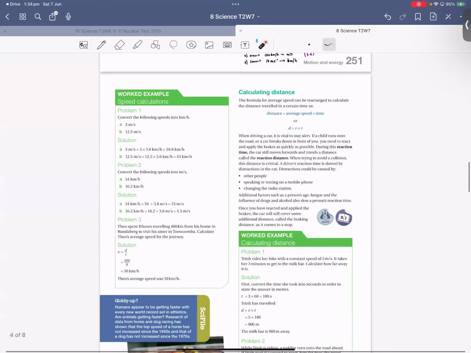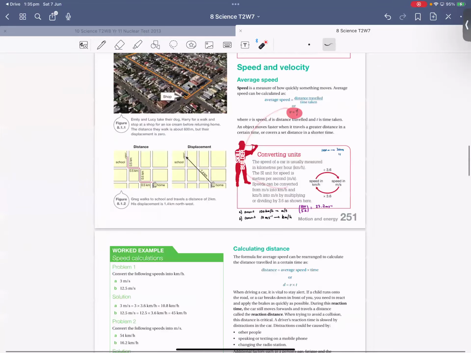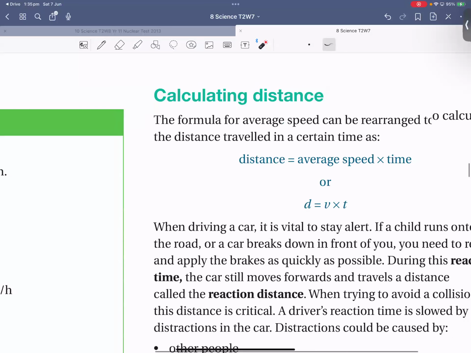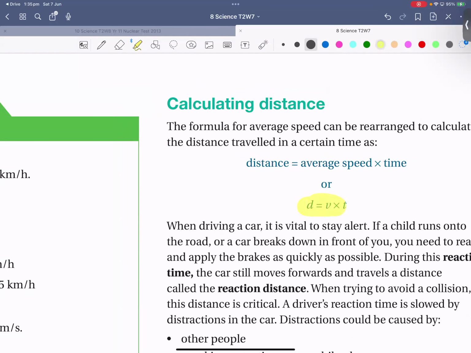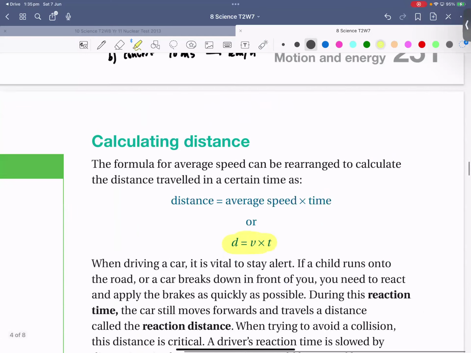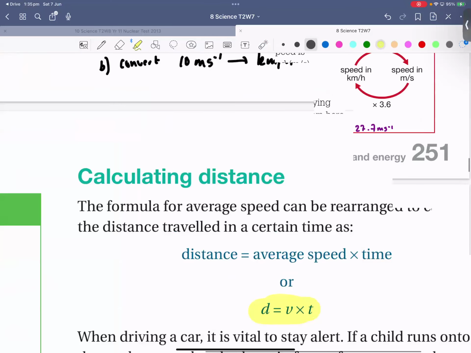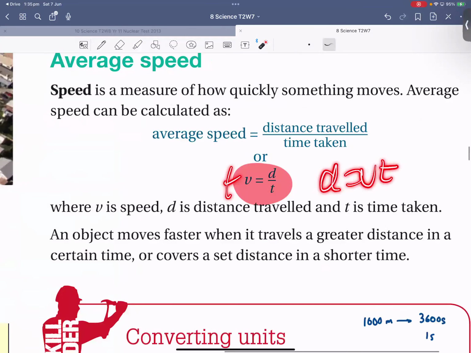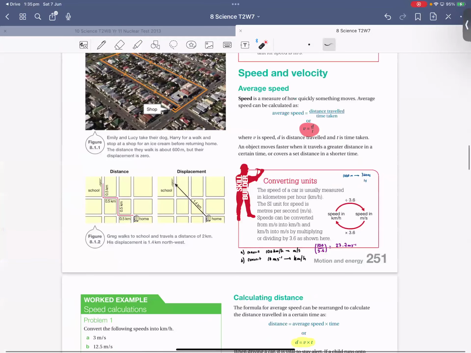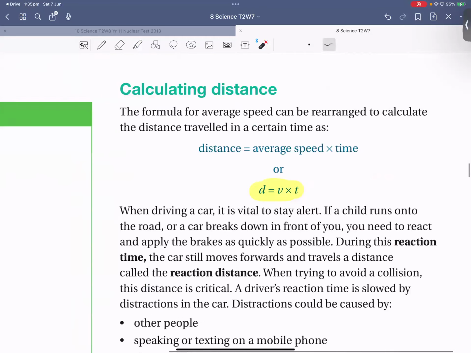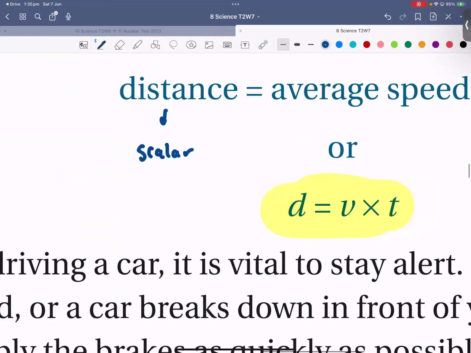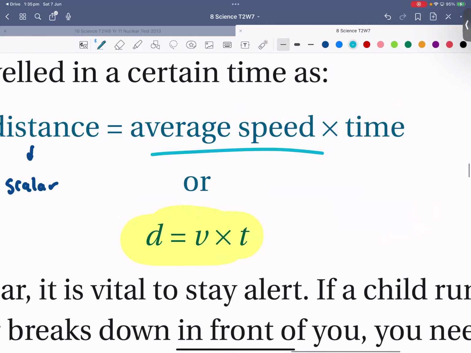Okay, guys, same formula, different arrangement. Basically, you're rearranging it. You multiply everything by t, and your distance is vt. Basically, find distance. Be very, very careful. What was distance again? Vector or scalar? Scalar. What's average speed? Is speed a scalar or vector?